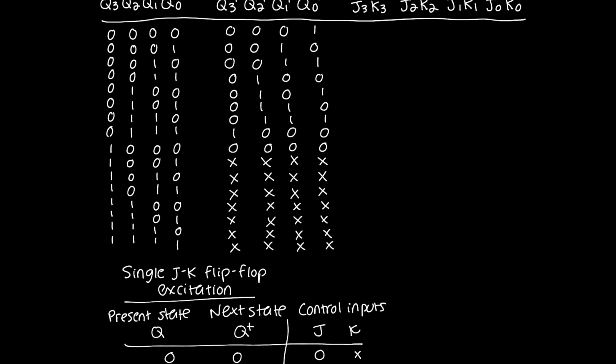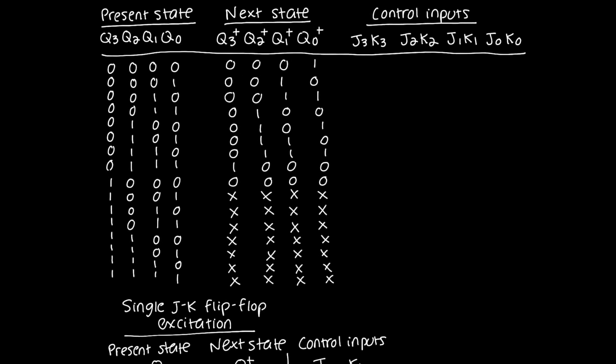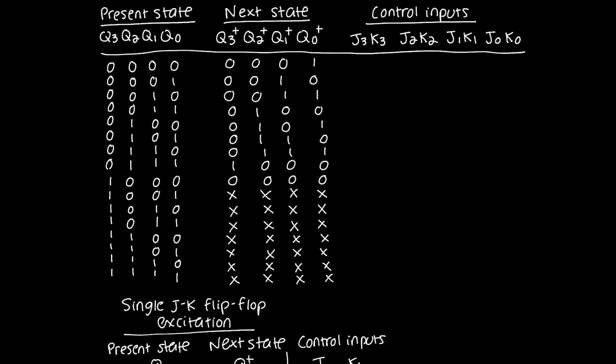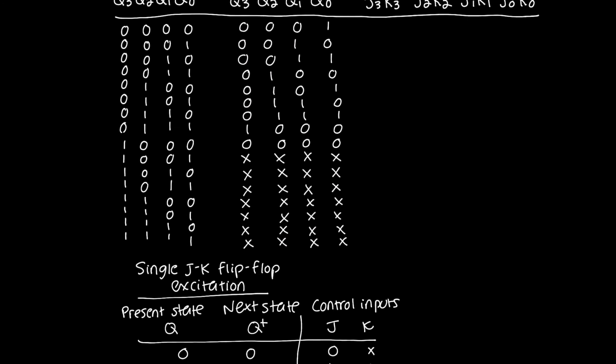Now I come back up here, and my strategy again, as always, is to look at the present state and the next state, and then figure out what J3 and K3 have to be. So I do it flip-flop by flip-flop. So I'm just looking at Q3 now.